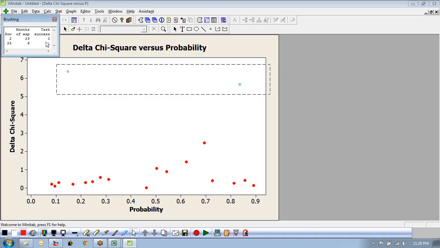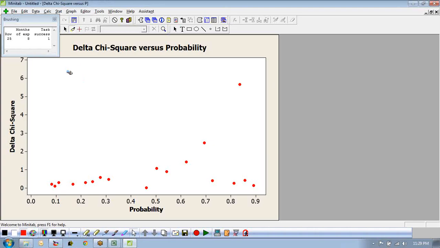For example, it looks like this guy in row 2 had 29 months and failed on the task, and this guy right here had 8 months and he succeeded. So we could improve our model perhaps by understanding why those outcomes occurred.